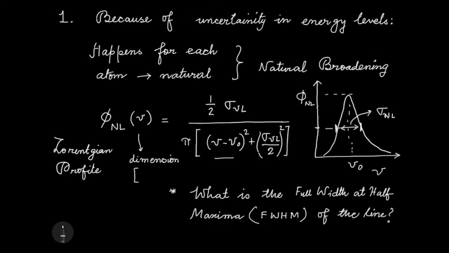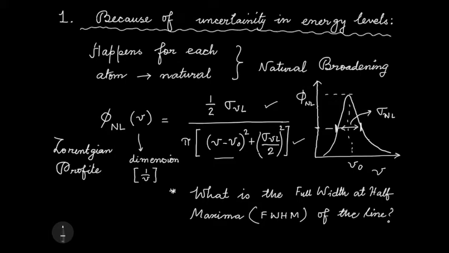You see, this has a dimension of 1 by frequency. Width of the line should come in frequency because that's measuring the frequency axis. So you have one frequency in the numerator and frequency squared in the denominator.